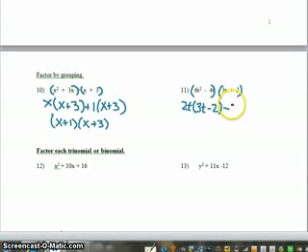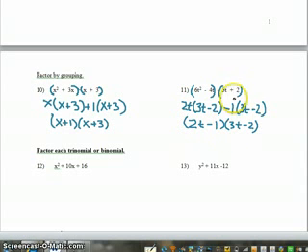So if I factor out a negative 1, 3t divided by 1 is going to be 3t, and then 2 divided by negative 1 is negative 2. So now those match up, so I've got 2t minus 1 on this side, and 3t minus 2 inside the parentheses. And that is our answer. So number 11.